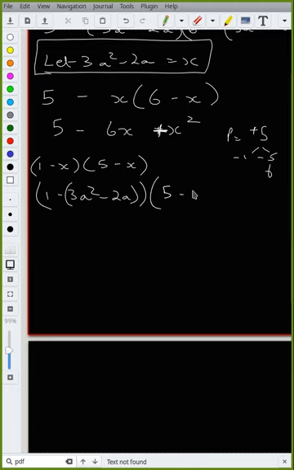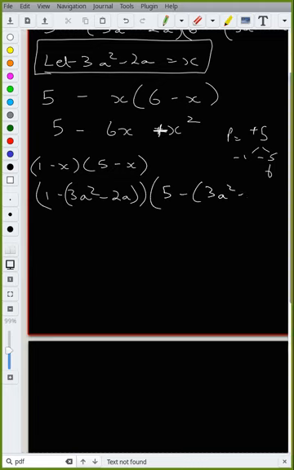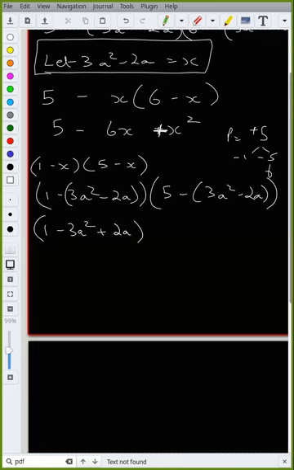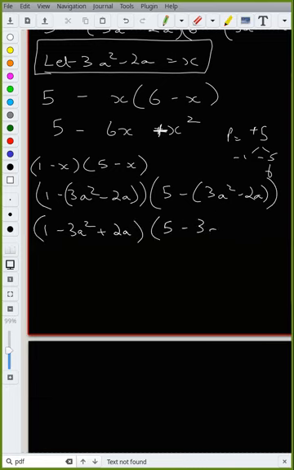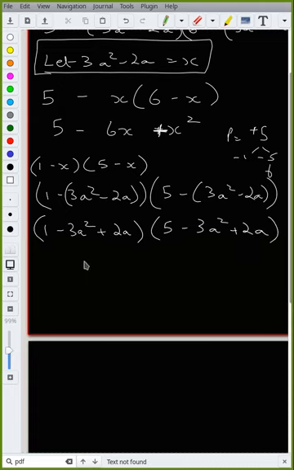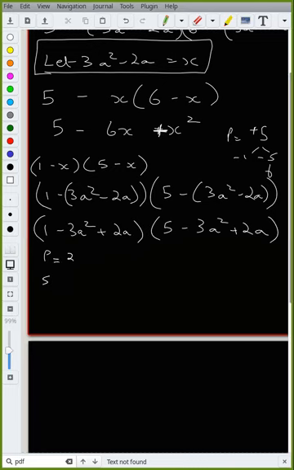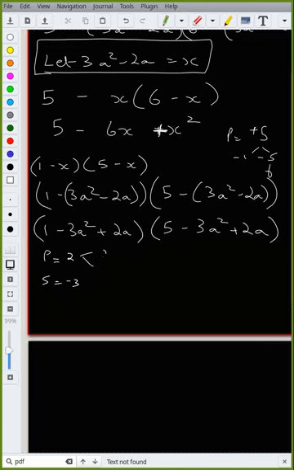And you will get 5 minus of 3a squared minus 2a. So what do we get? We'll get 1 minus 3a squared plus 2a into 5 minus 3a squared plus 2a. Plus 2, so we want product as 2, sum as minus 3. This will be 2 and 1.